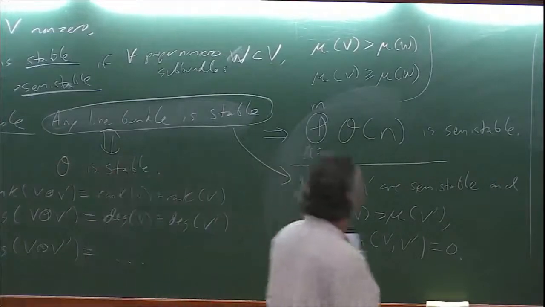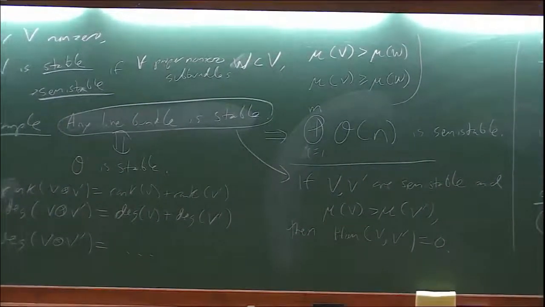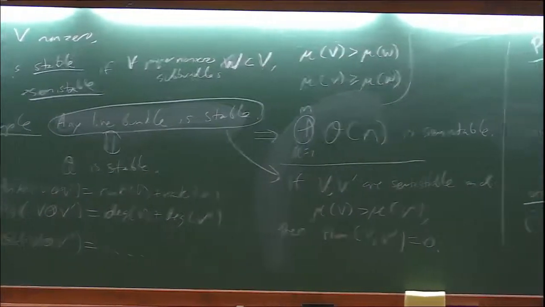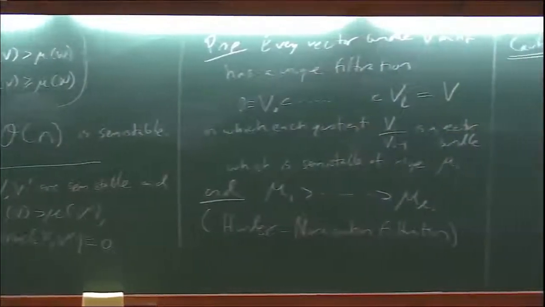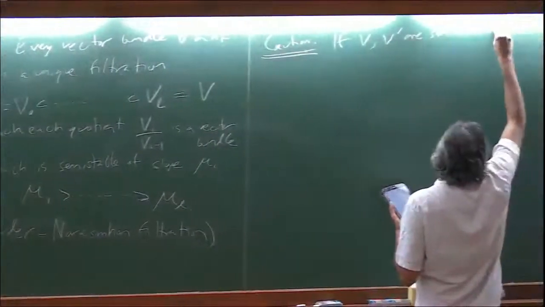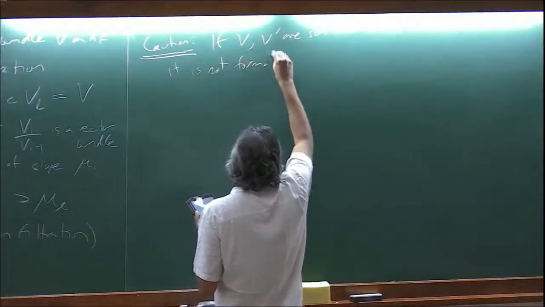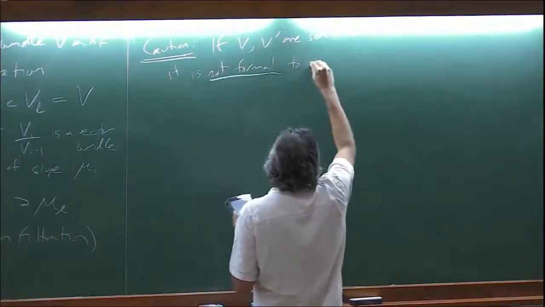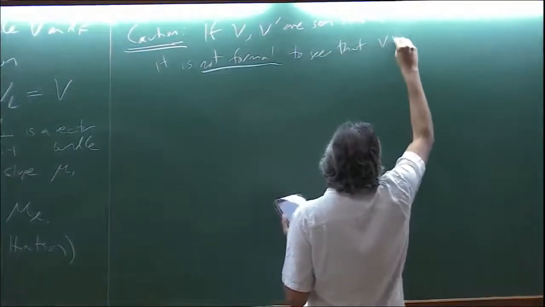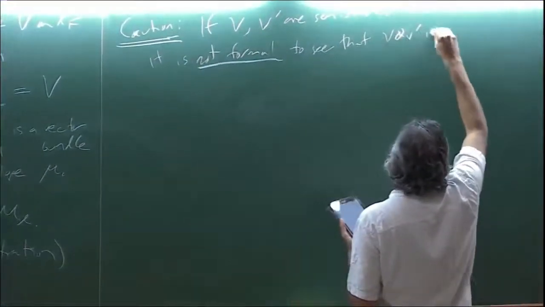So it's easy to calculate the degree of a tensor product, but it is not formal to see that the tensor product of two semi-stable things is semi-stable.